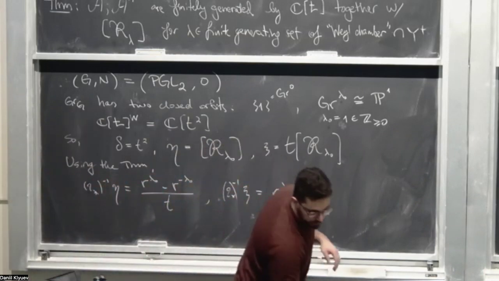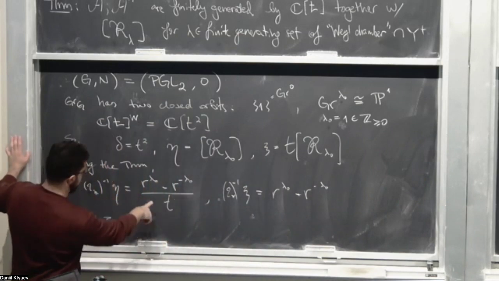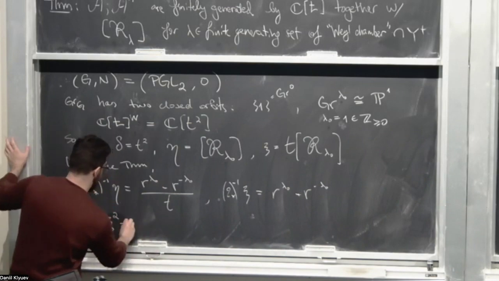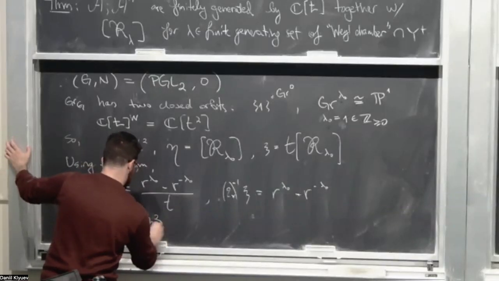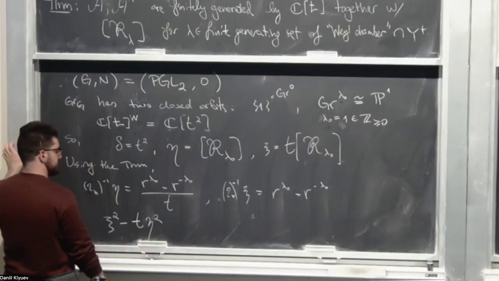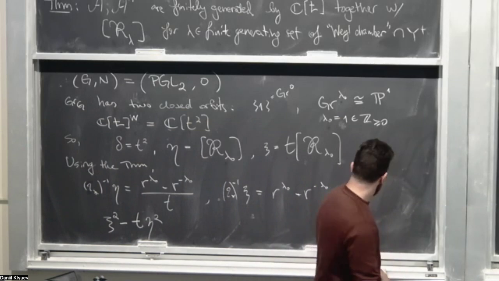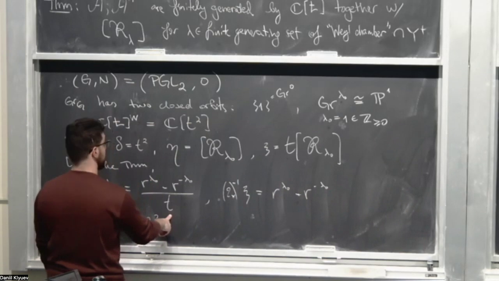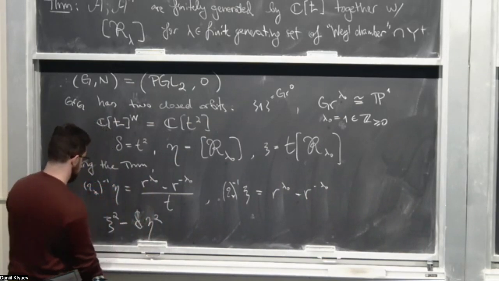I'm going to forget what the relation was. If I square them, I get basically the same element: C squared minus t iota squared, I think, t squared. Why? Because when I square this, I get a t squared, and I need to use one of the generators, delta, which is a t squared.